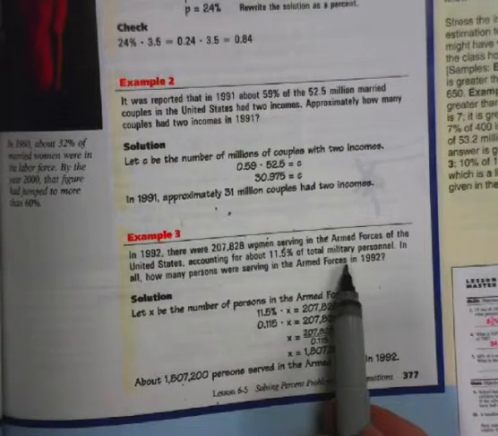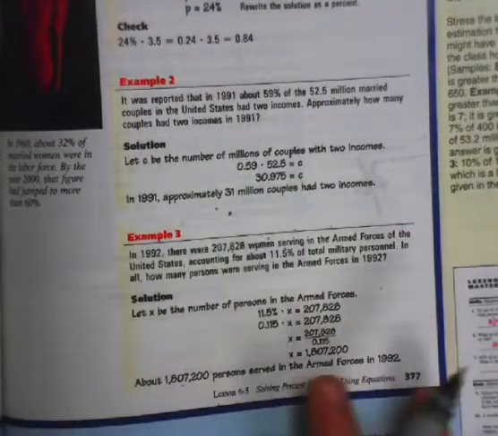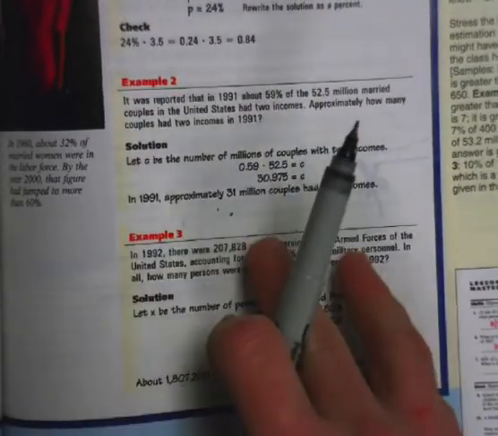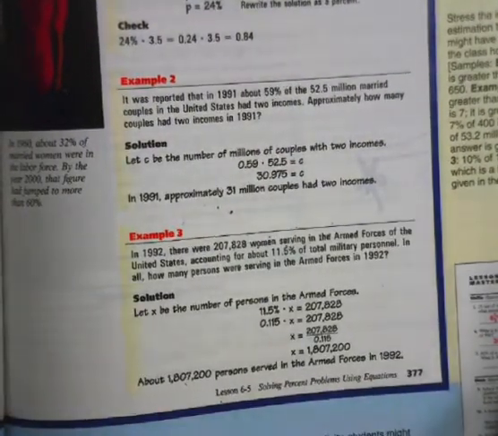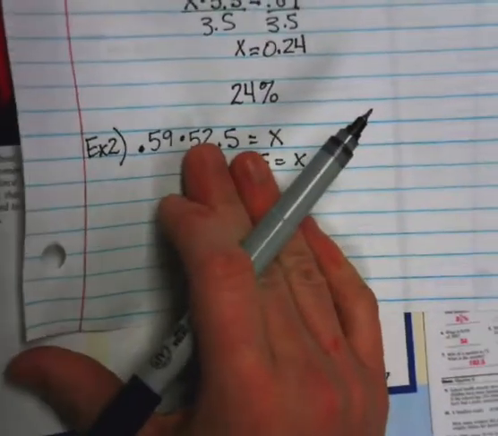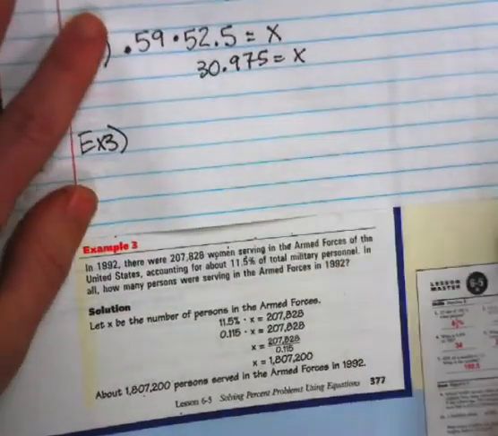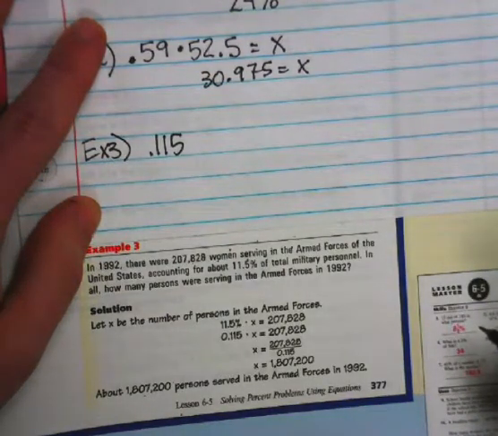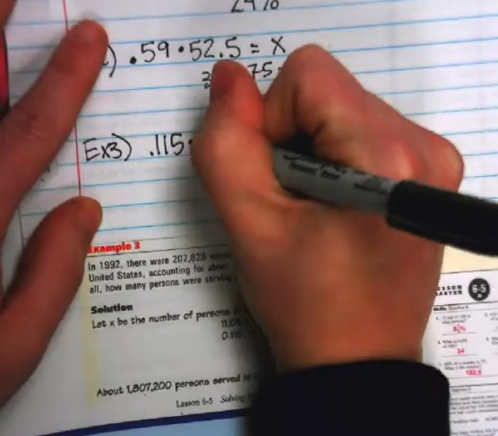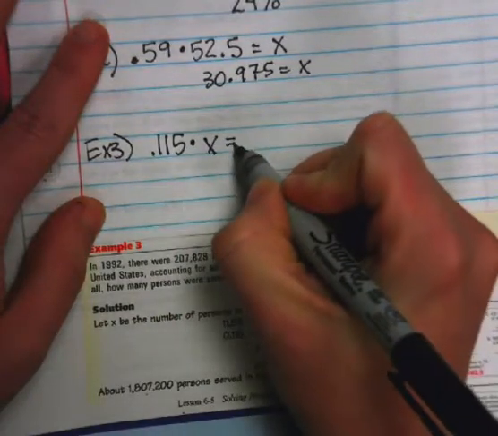Okay, so let's go back to percent of something equals something. So in this problem, I see the percent of the total military is women. Okay, so the percent in this problem was 11.5% of the total military, and that's what I don't know, because it was asking how many are women.